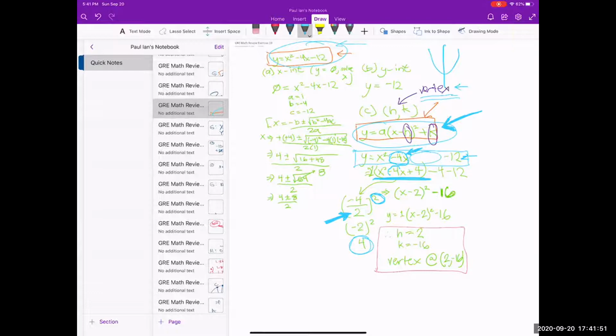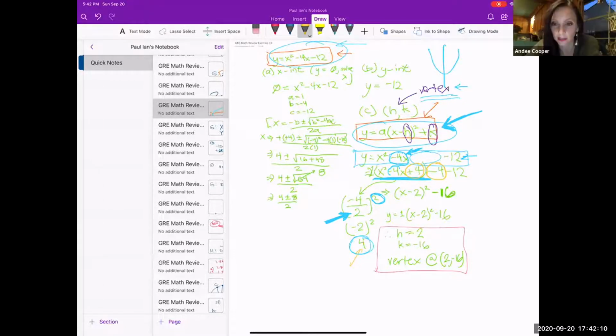After you do that, you have to add it. This is the tricky part, so maybe I'll use another color so it's easy to see. After you get this 4, you have to add it and minus it. What does that do? It cancels out.